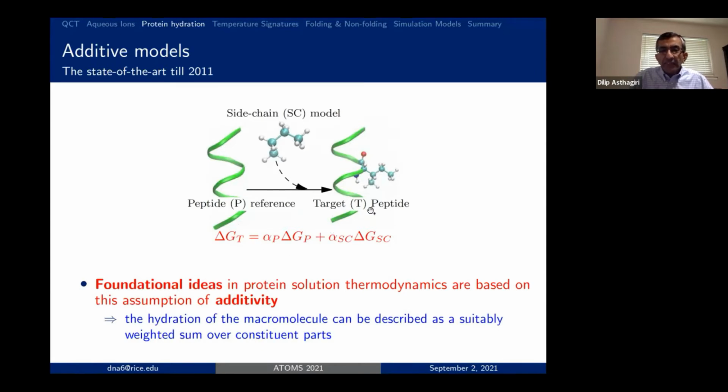The belief is that the free energy of hydration of this target peptide can be given by a weighted sum. Typically, the weight factors are proportional to the surface area of exposure of these constituent groups. This is a foundational idea in all of protein solution thermodynamics. Do keep in mind that the hydration of a macromolecule in this idea is treated as a sum over constituent parts.